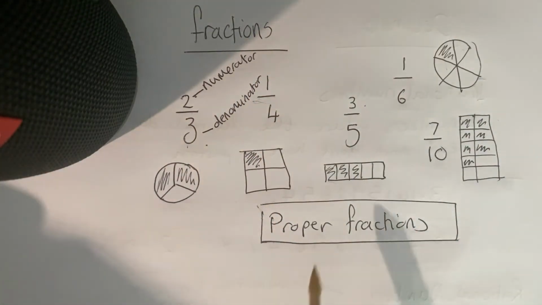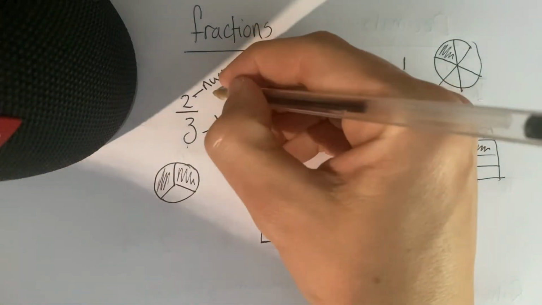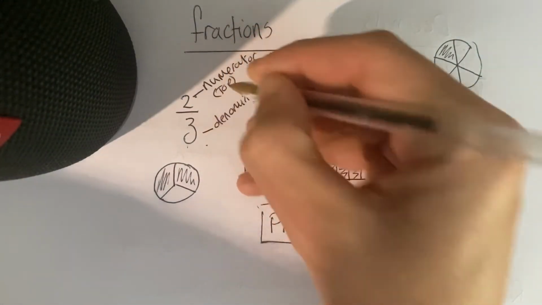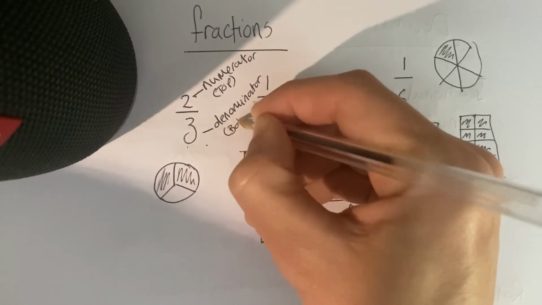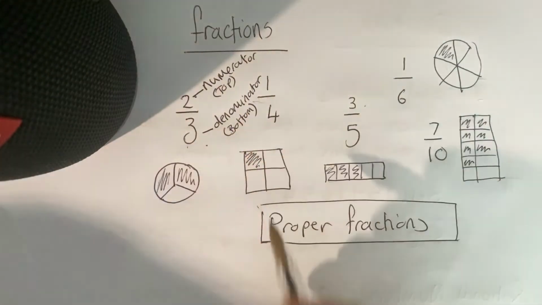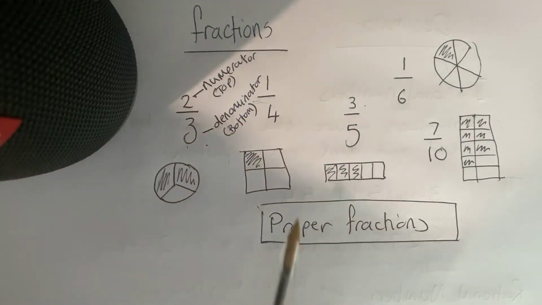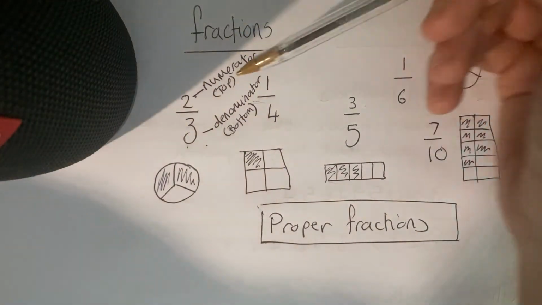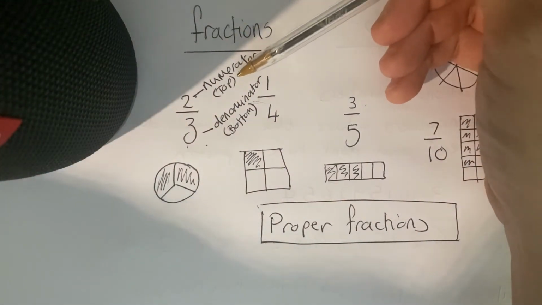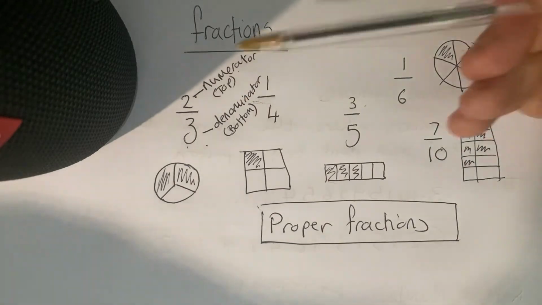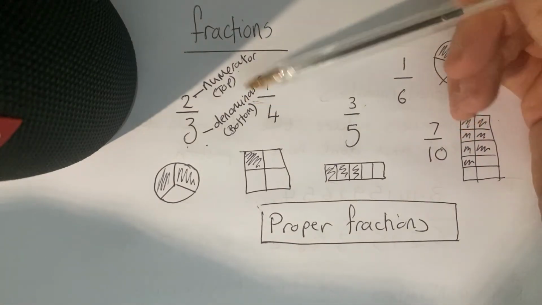So here we have numerator, denominator, or we've got top and bottom. But obviously we should use the correct words, but every now and again we will slip into using these two because they, I guess, more obviously describe what they are.